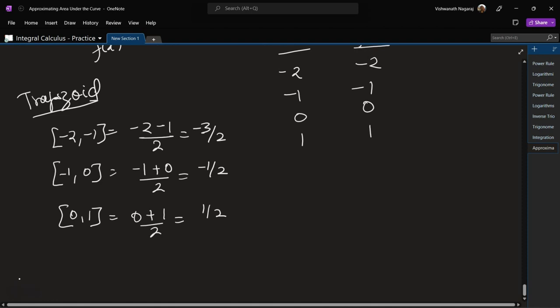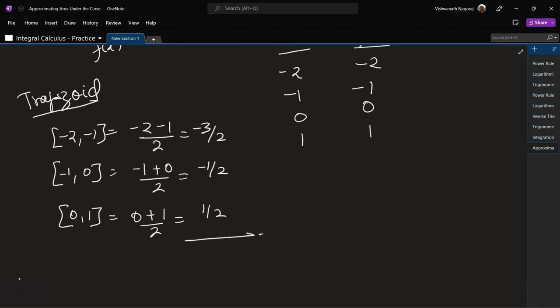So now we add up all these fractions. What we get is -3 by 2 square units, which is nothing but minus 1.5 square units. Again, as I mentioned in the previous example, depending on the context, you might take the absolute value of these individual areas.